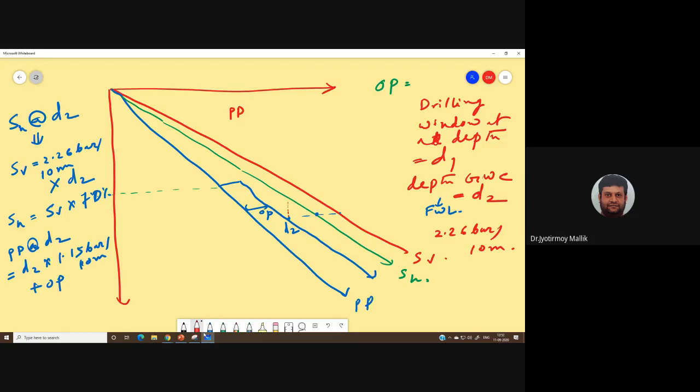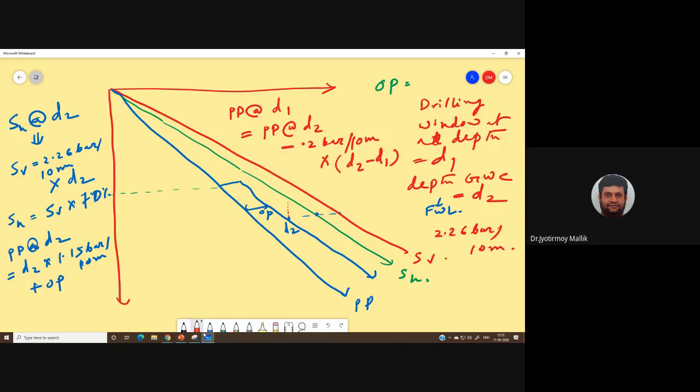So pore pressure at D1 is equal to pore pressure at D2 minus 0.2 per 10 meter multiplied by D2 minus D1, because the pressure here will be less than this one, but the decrease is happening with gas gradient, right?